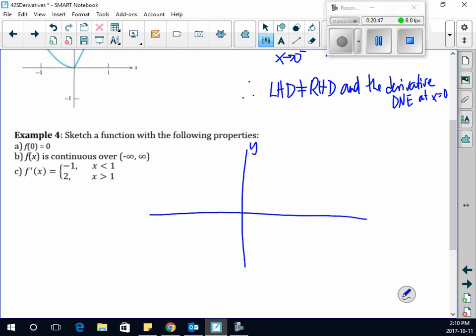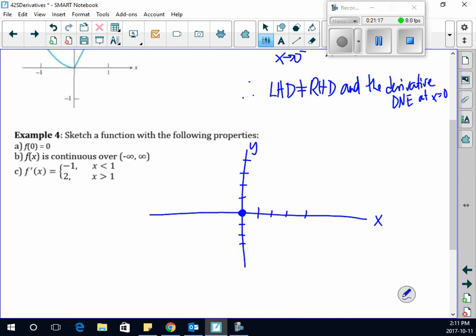Well, okay, here is y, here's x. First off, this has to be there at 0, 0. Does everybody get that? So I'm going to put some scale on this: 1, 2, 3, 4, 1, 2, 3, 4. Then it's saying at 1, on the left of 1, it has to have a slope of -1. So here's 1. How would I have a slope of -1?